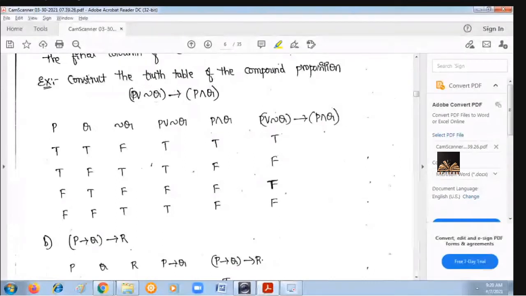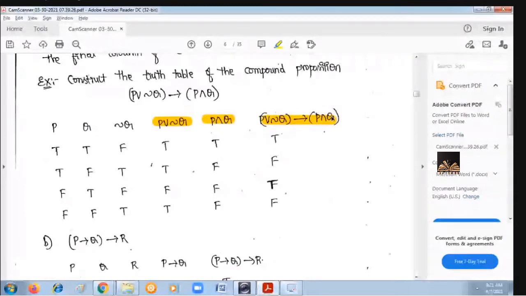So in the first term you have a negation Q. So first get the negation Q from Q. Next, get the value of P or negation Q, and then P and Q. At last, you can find the truth values for the compound proposition, right?